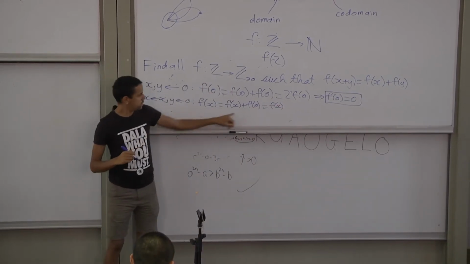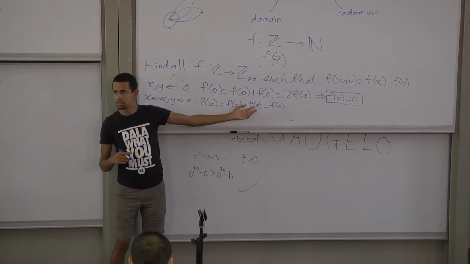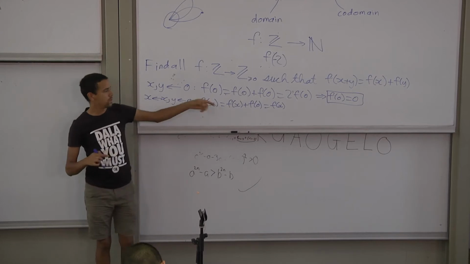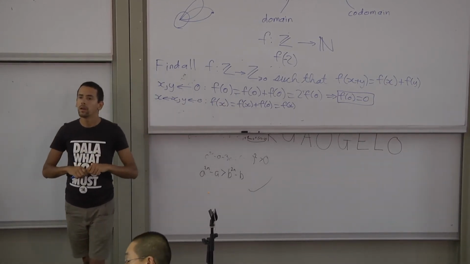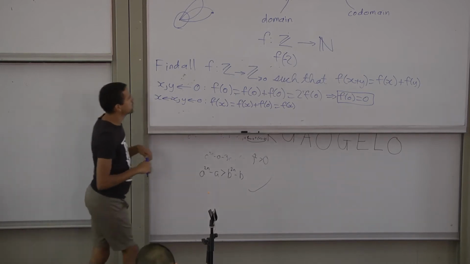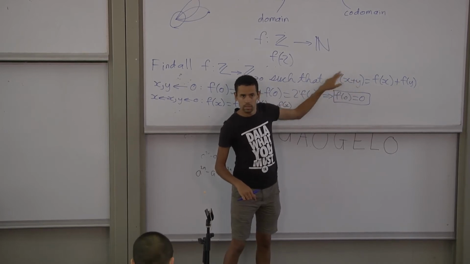So in this case, it doesn't give us anything, because it just gives us f of x equals f of x. Is there another way that we can put f of 0 back in? Let y be negative x. Yes, we let y be negative x because we want to make this a 0, so that this is f of 0.